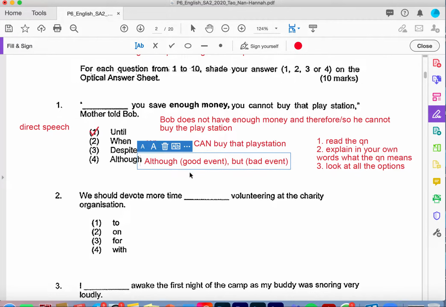If although was going to be used to describe what is happening here, it would probably be something like: although Bob did not have enough money, he still wanted the PlayStation.